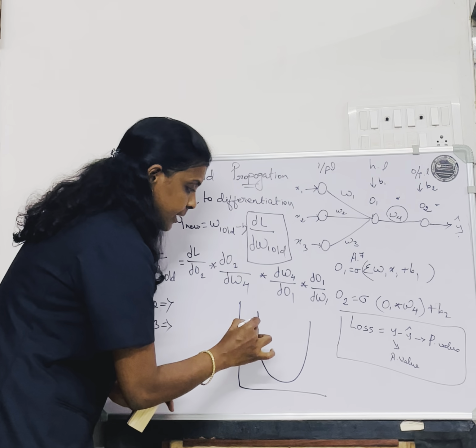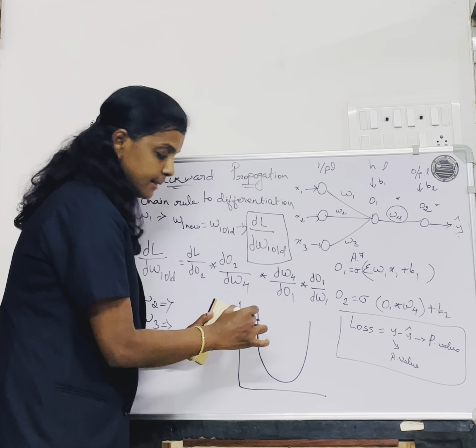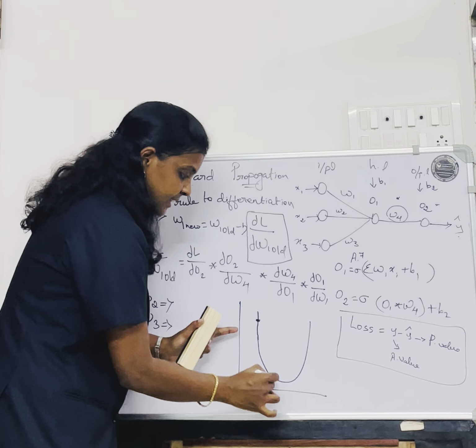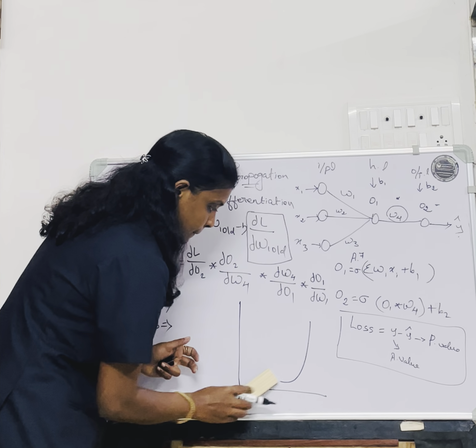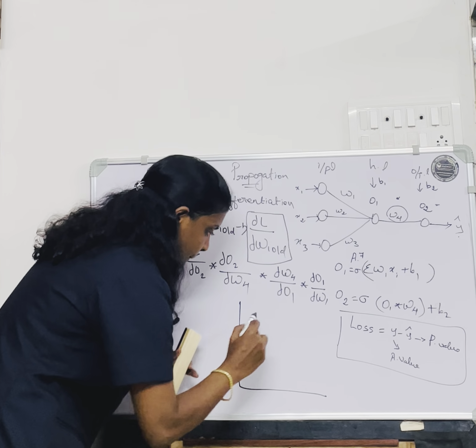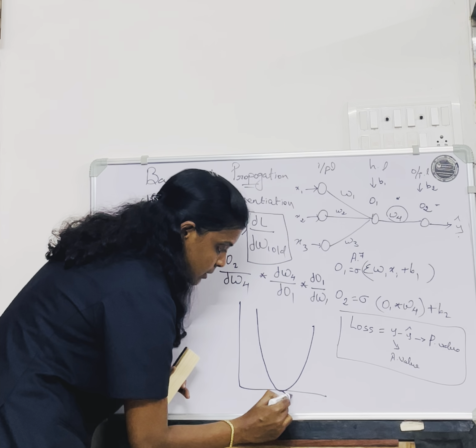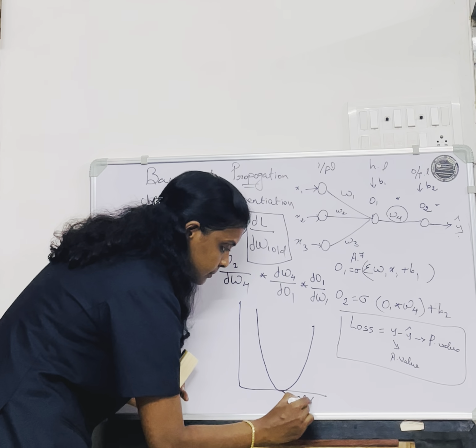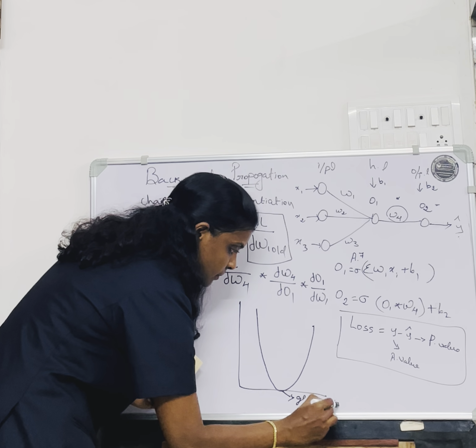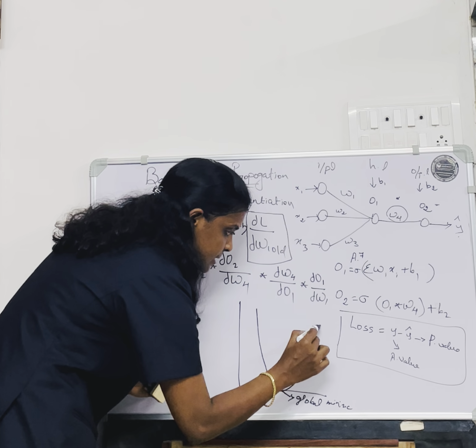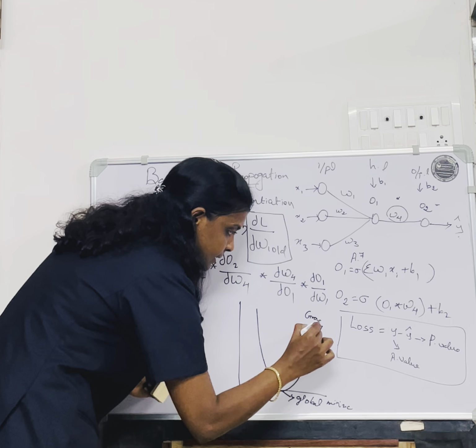For example, our predicted value in the beginning, first step, is here. This is the global minima. This is gradient descent.